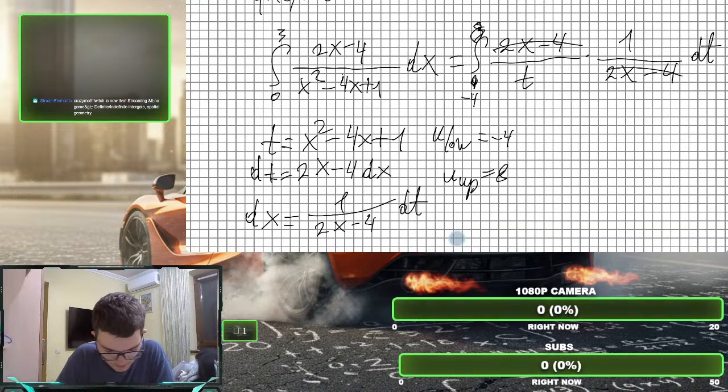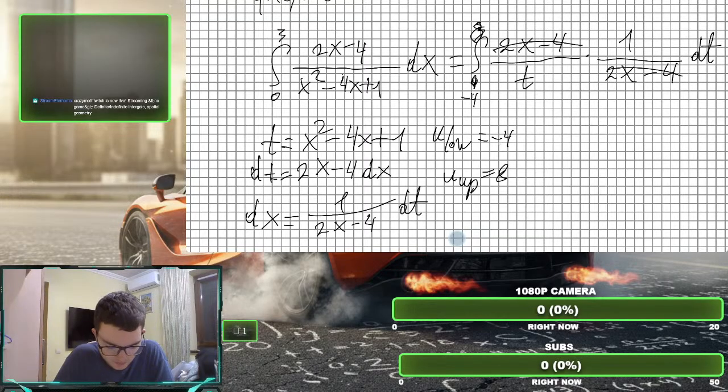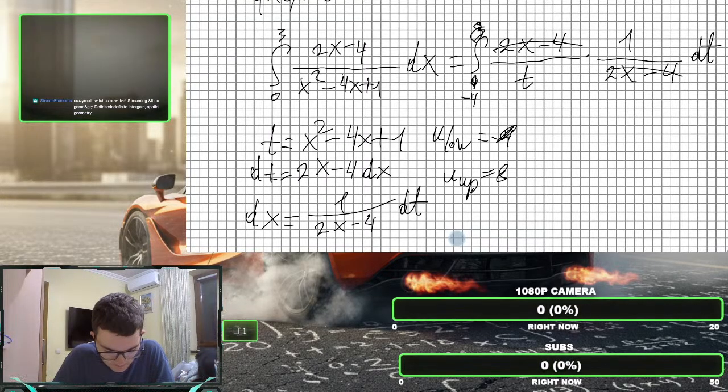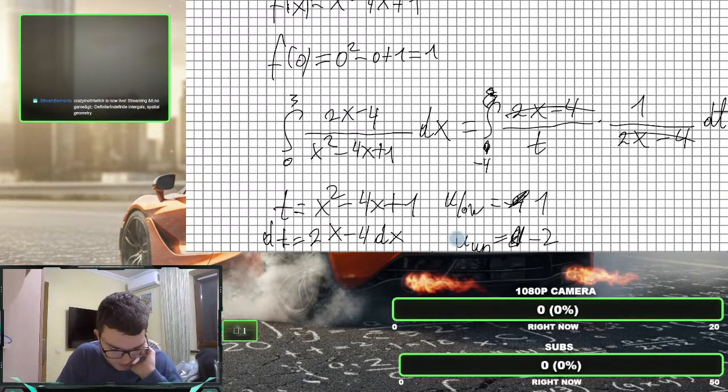Oh, I think I solved for the wrong one, so I had to do it with a t, but I did it with dt. Okay, once again, if I put 0 in the t, it will be 0 of second power minus 0, so the lower one is just 1, and the upper one will essentially be 3 at the second power, which is 9, minus 12, 9 minus 12, that's minus 3, plus 1, that's minus 2. So yeah, that's right now.